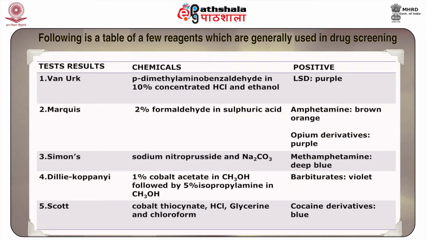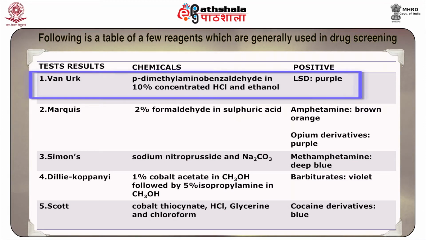Next is a table of a few reagents which are generally used in drug screening. First is the Van Urk test. It will give a purple color when LSD reacts with para-dimethylaminobenzaldehyde in 10% concentrated HCl and ethanol.